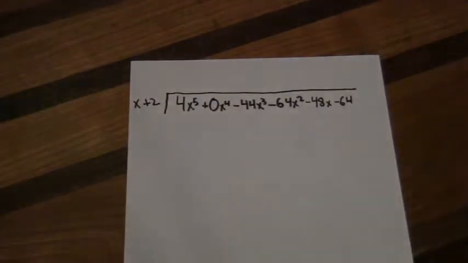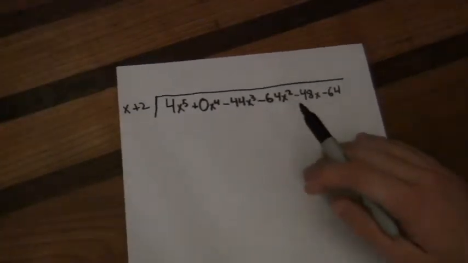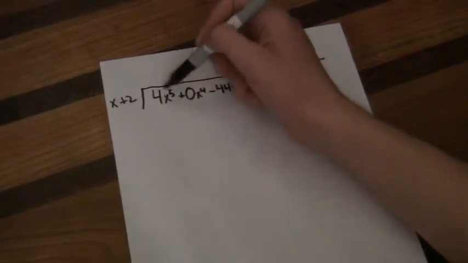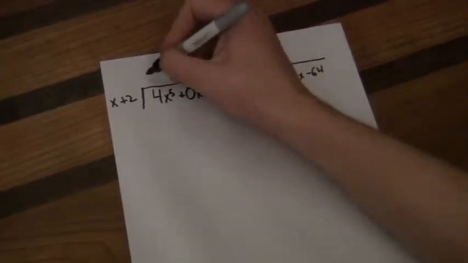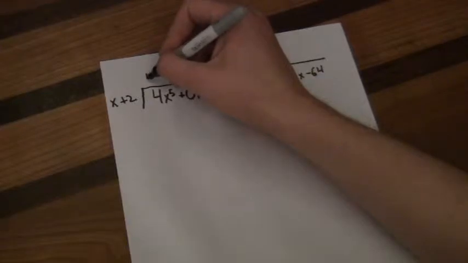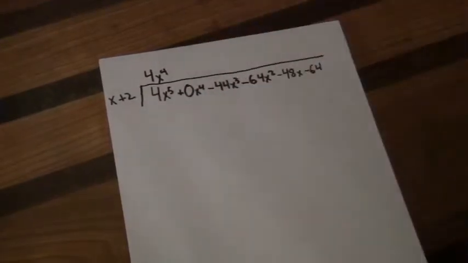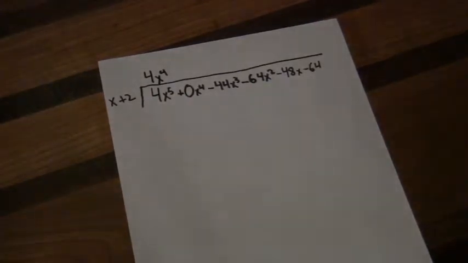If you remember from before, our 4 steps start with divide. How that's done is you take this x and you divide this by x, which gives you 4x to the 4th power. Ba-boom.